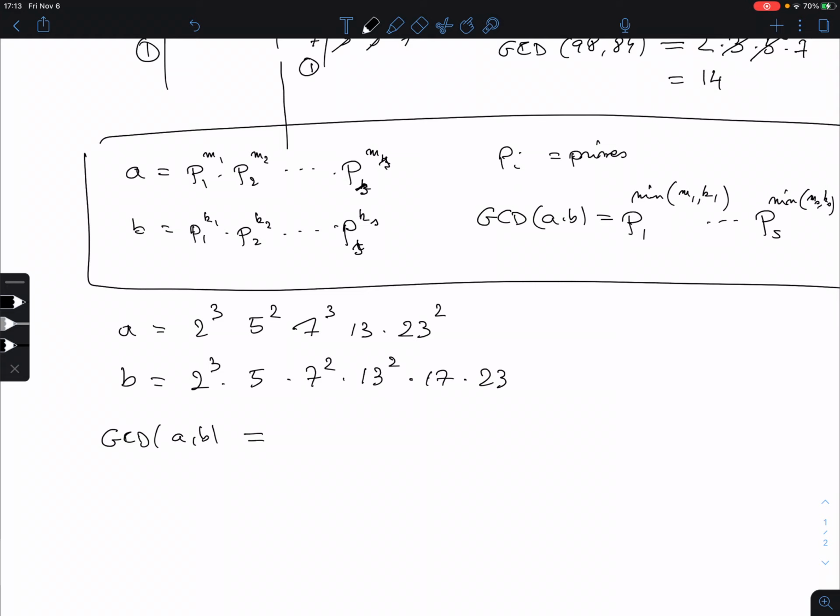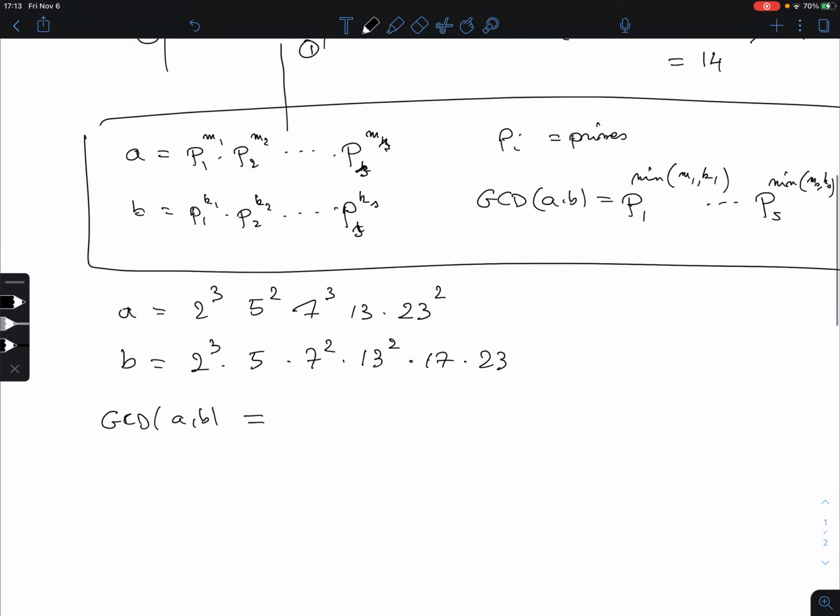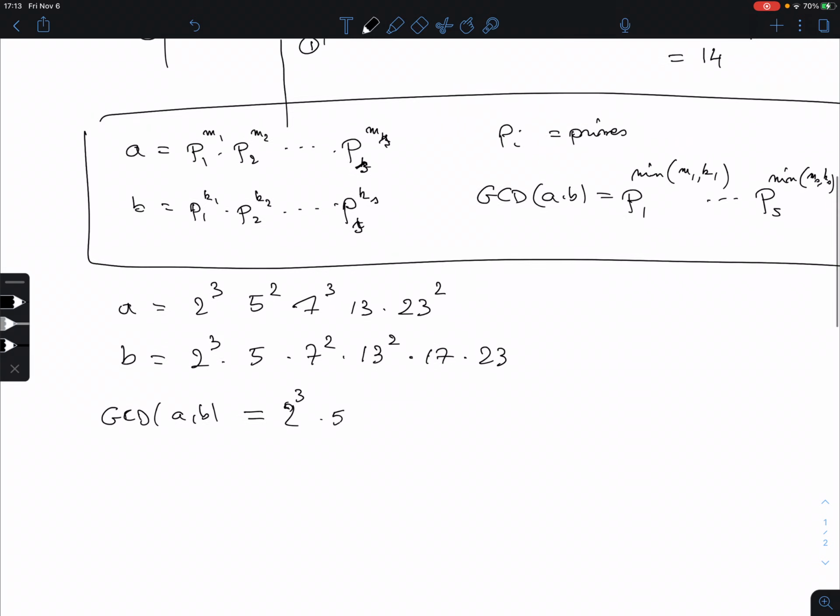Well, as I said, for every prime that occurs, if a prime doesn't occur, like 3, it's pointless to look at it. In fact, it has to occur in both. So 2 occurs in both, and what's the smallest power? Well, it's 3 in both. For 5, the highest power is 2, the smallest is 1, so it will be 1 here.